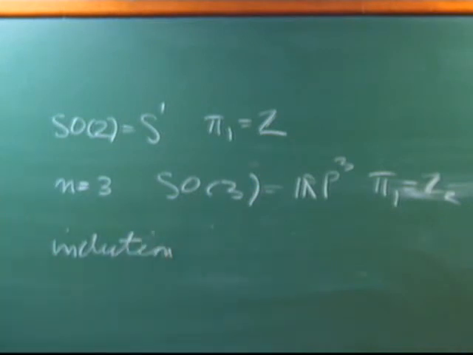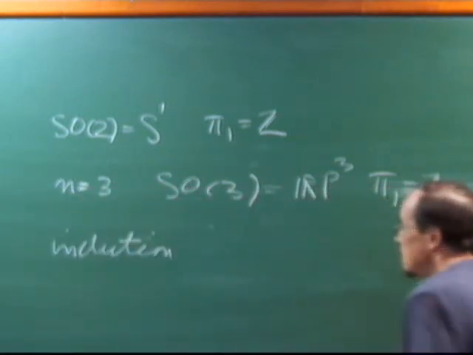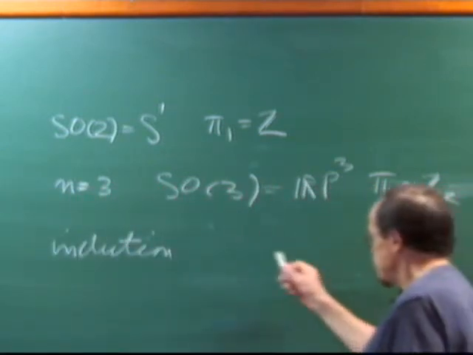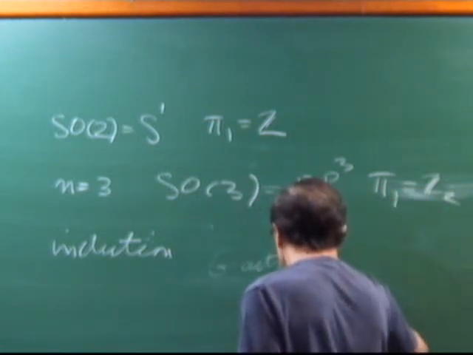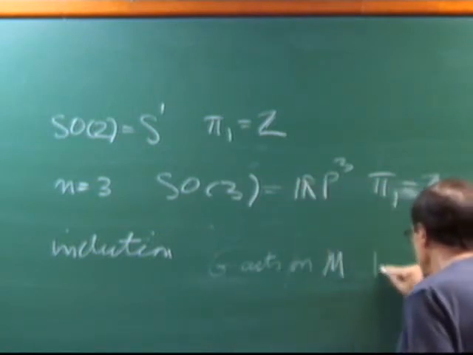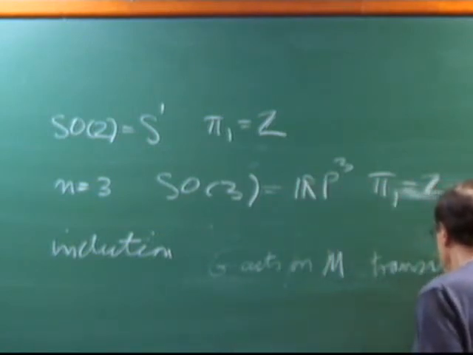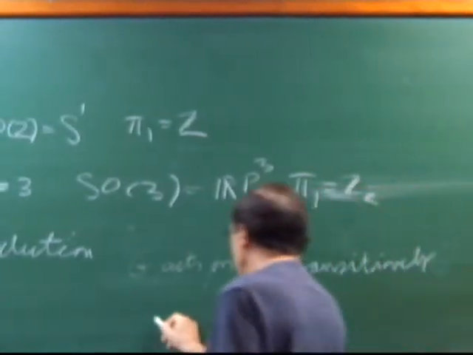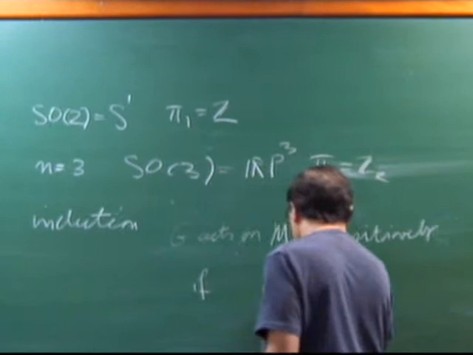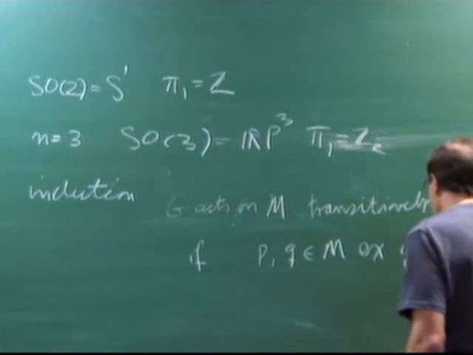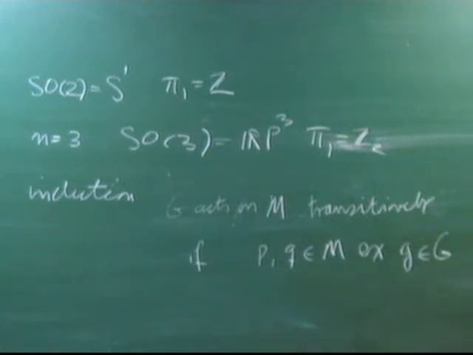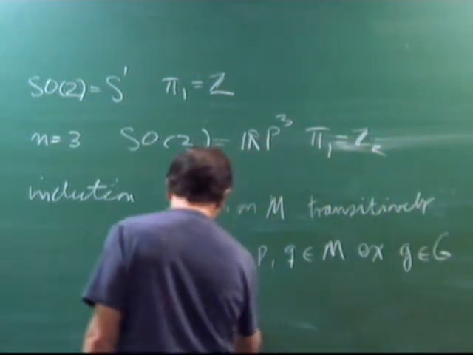So for this I have to use a couple of things. The first thing: say I have a group G which acts on a manifold M, and I say it acts transitively if for two points in M there exists an element of G which goes from one point to the other. If that's the case, I can describe the manifold in a different fashion.